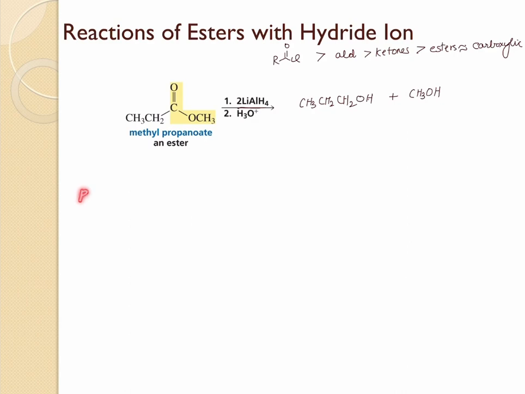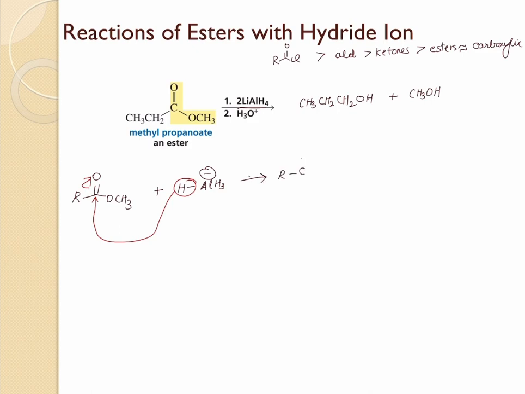So let's take an ester molecule and see what the mechanism would be for getting it reduced into two alcohols. To begin with, we are going to have the hydride ion from the lithium aluminum hydride attack this electrophilic carbon, pushing these electrons to form the tetrahedral intermediate.